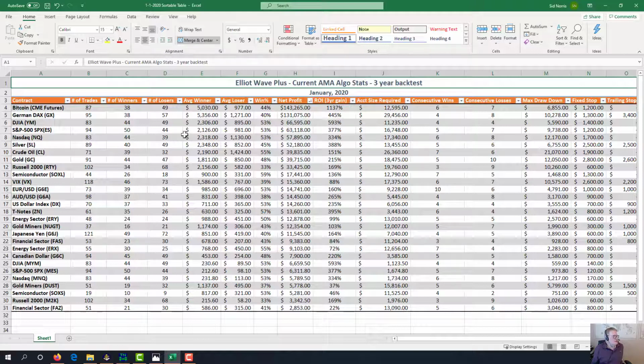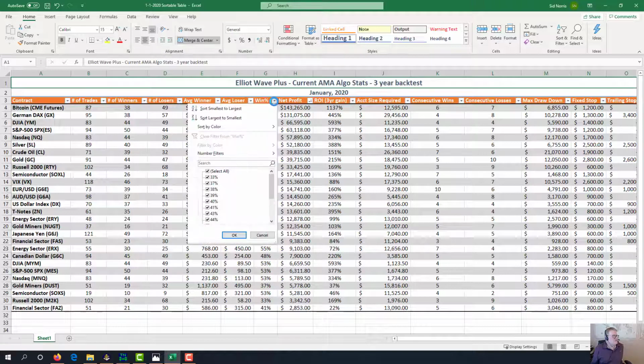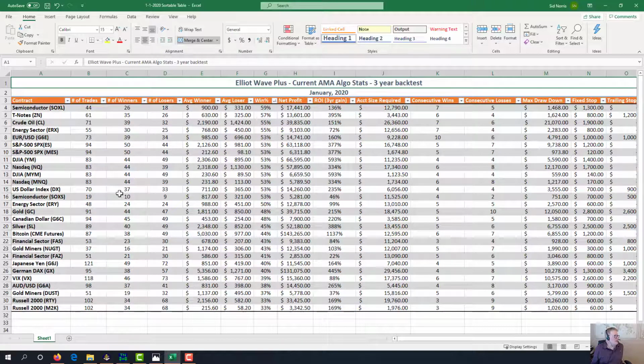But notice the Dow Jones Industrial Average is third on that list, the YM contract, and the stats on it are pretty good. For instance, if we sort this by winning percentage, you can see that the Dow Jones Industrial Average, the YM contract, over the last 3 years, had a 53% winning percentage. And you might say, well, that's not very good.